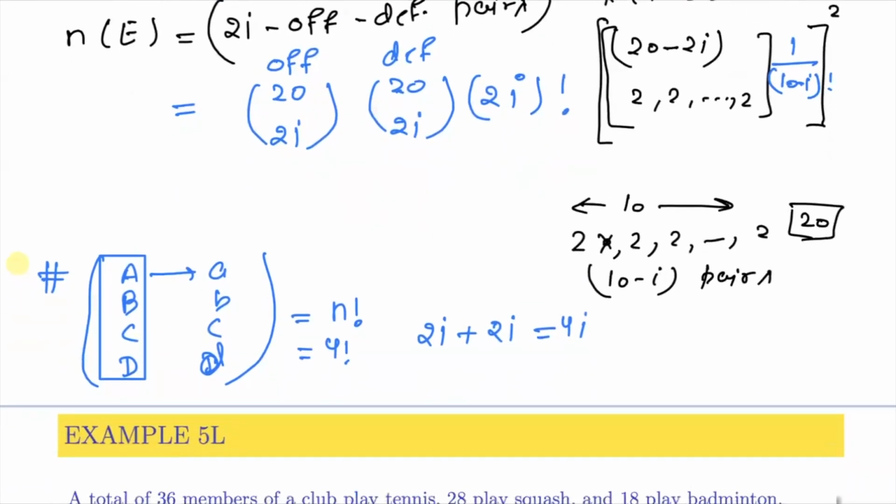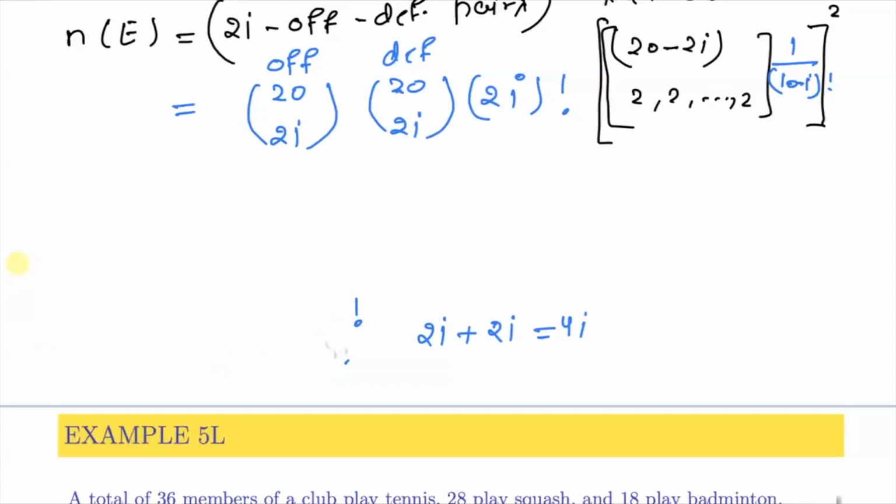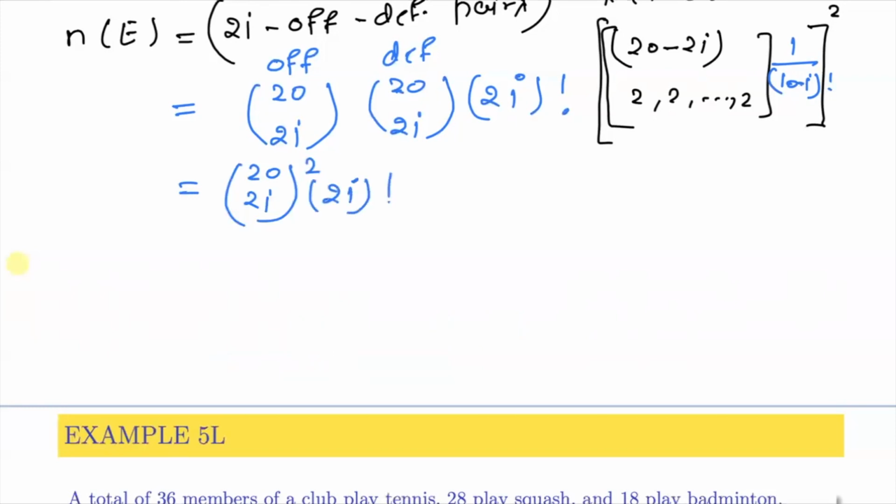So when you calculate the above structure, let me just erase all here. This is going to be 20 C 2I, both squared, multiplying by 2I factorial.